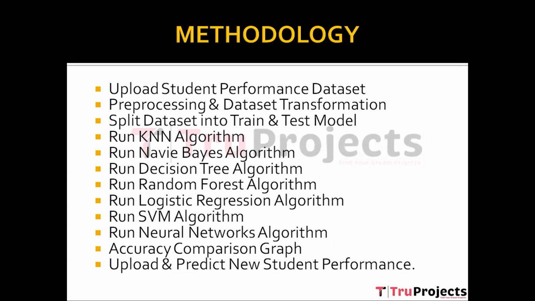In this module, we are going to plot a graphical representation of accuracy for the different algorithms used in this project. Last module, upload and predict new student performance. In this module, we are going to upload the test data to the algorithm with the highest accuracy and predict the new student performance based upon the test data.